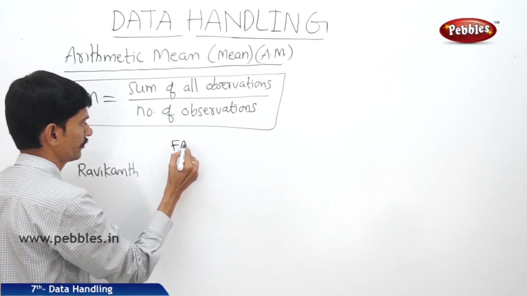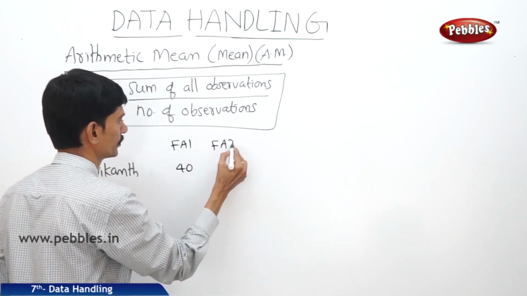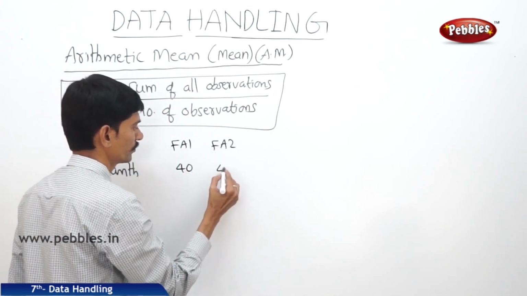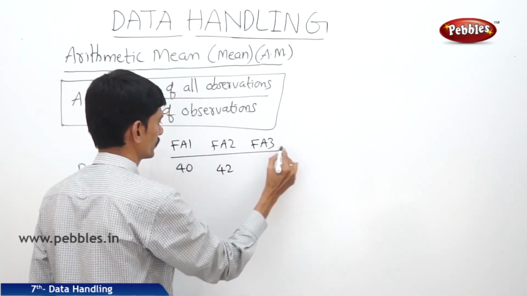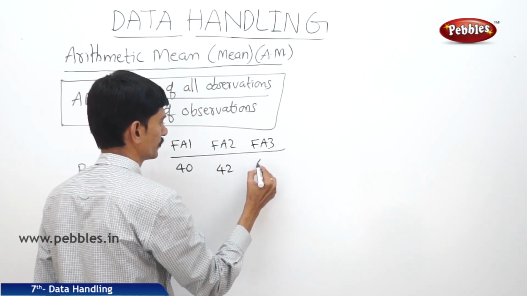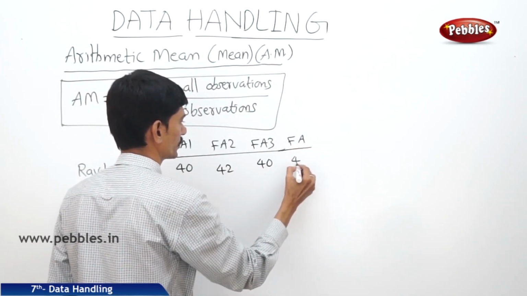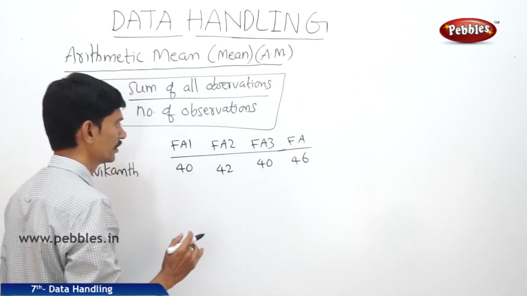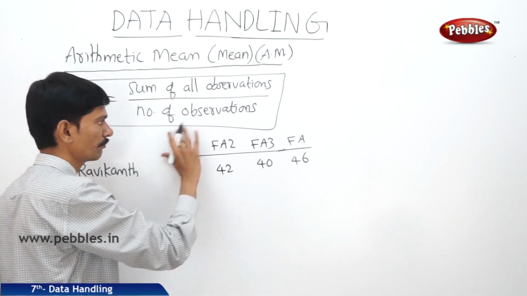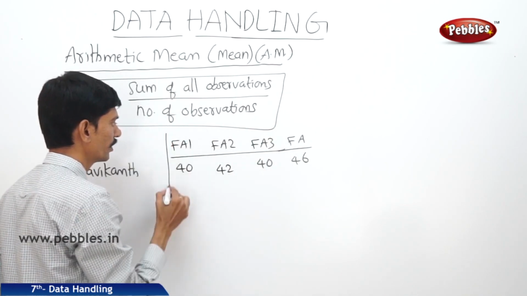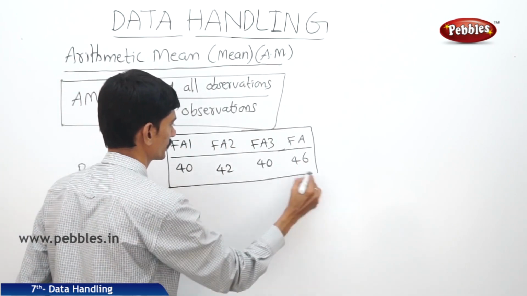In FA1 he has got 40 marks, in FA2 he has got 42 marks, in FA3 he has got 40 marks, and in FA4 he has got 46 marks. Now let us find the average marks of Ravikant in maths across all the formative assessments. So on average he has got how many marks in mathematics?